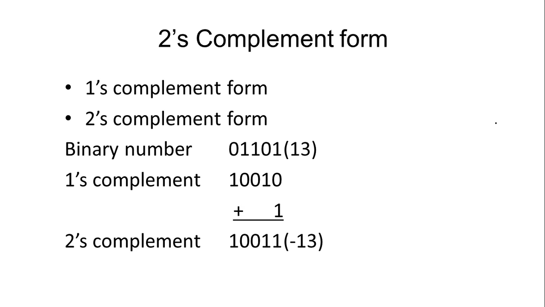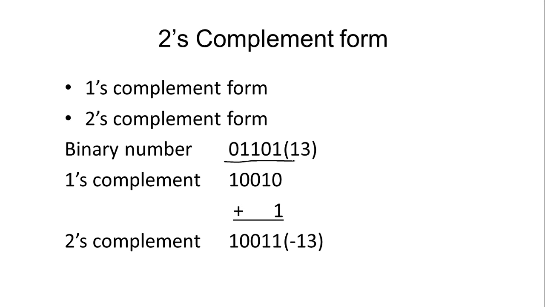As we know already, there are 2 types of complements, 1's complement and 2's complement form. If we have a binary number, for example, 0 1 1 0 1, and we invert all the bits, if a bit was 1, we convert it to 0, and if a bit was 0, we convert it to 1, then it is called 1's complement.